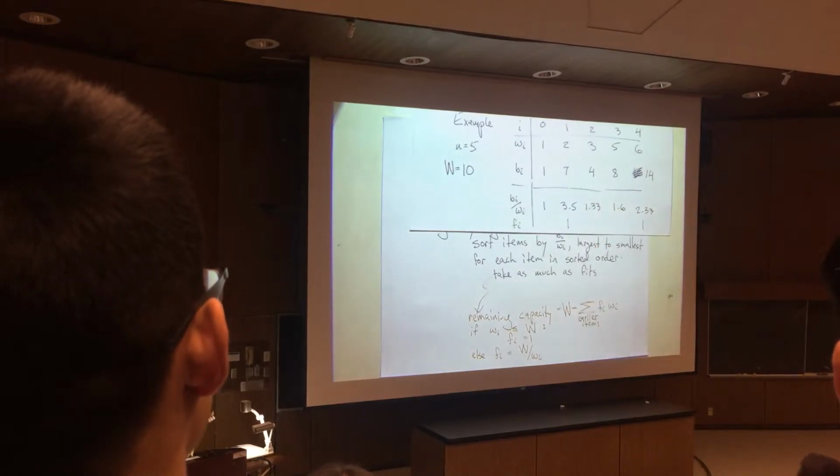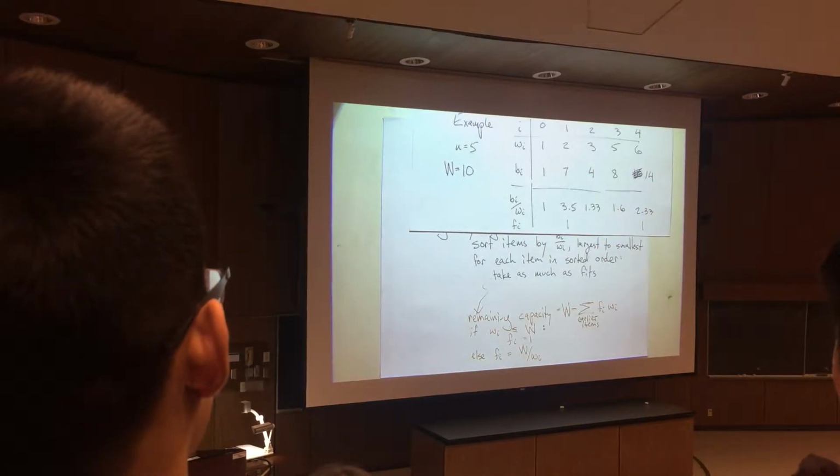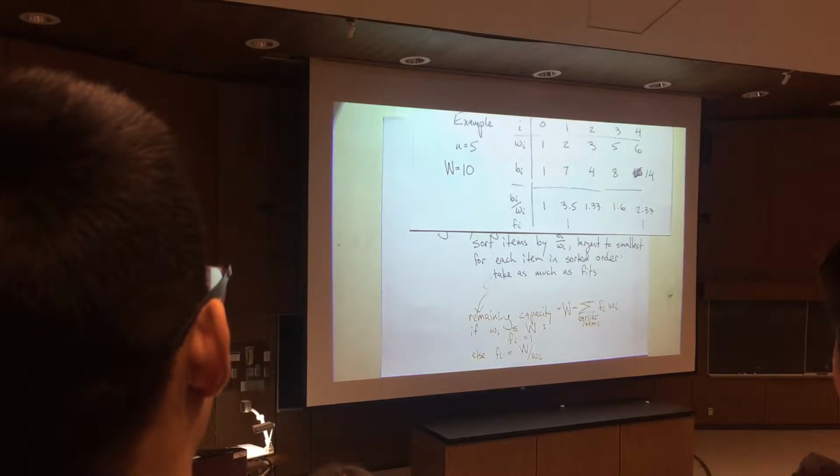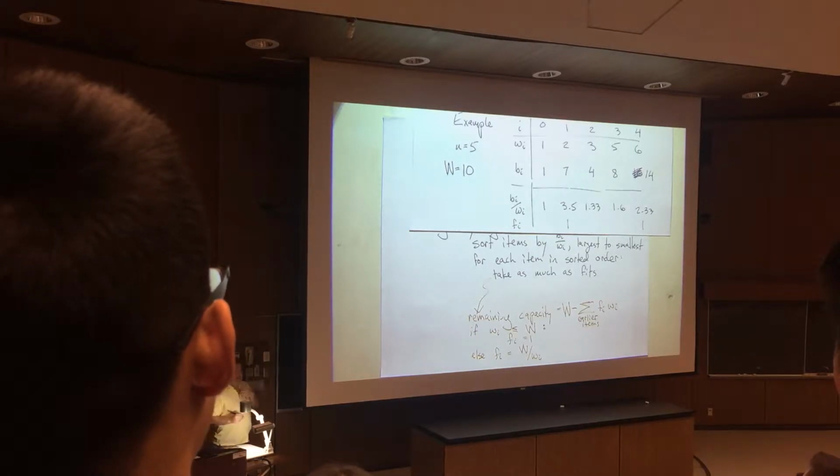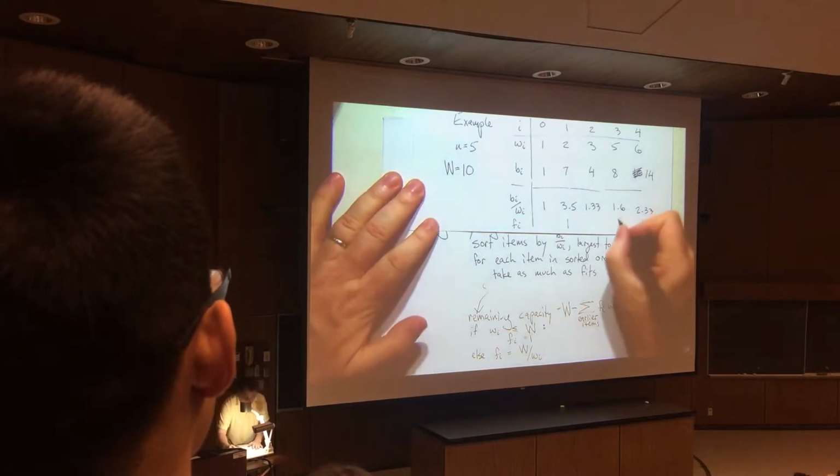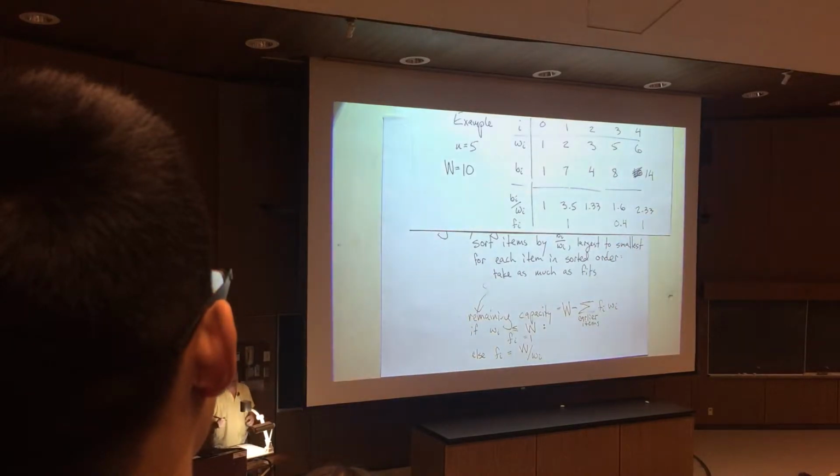We've got 2 units of capacity left. We used up 2 plus 6, 8. So we have 2 units left. But this item has size 5, so we can't fit all of it. We can only fit a 0.4 fraction of it to fill up those 2 units of capacity.